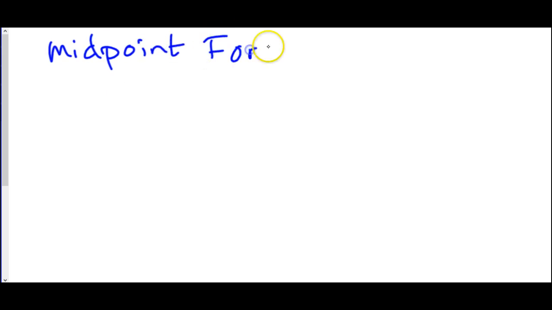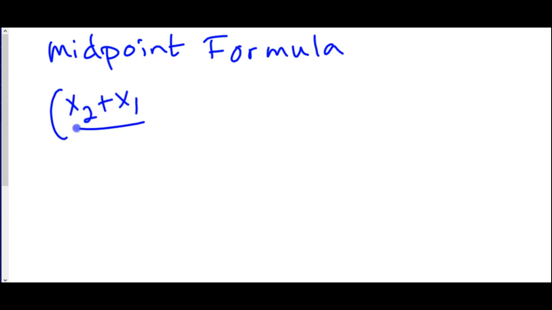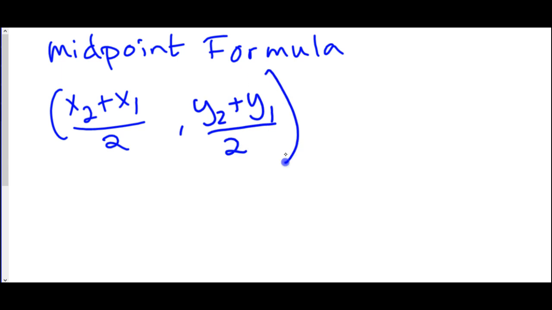actually 2 formulas in one. We go x2 plus x1 divided by 2. That's the formula for just the x coordinate. And y2 plus y1 over 2. We can split these up into 2 formulas.